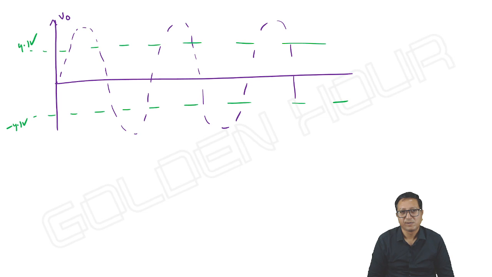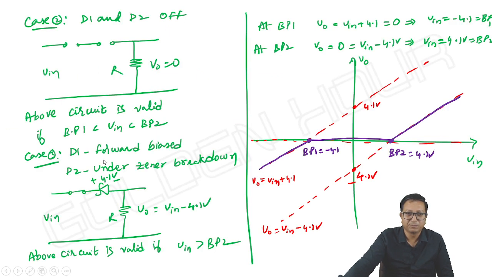If input is between breakpoint 1 and breakpoint 2, what is output, friends? 0.